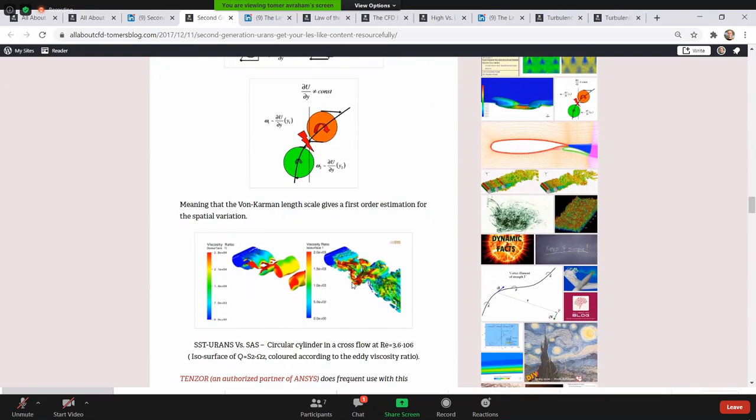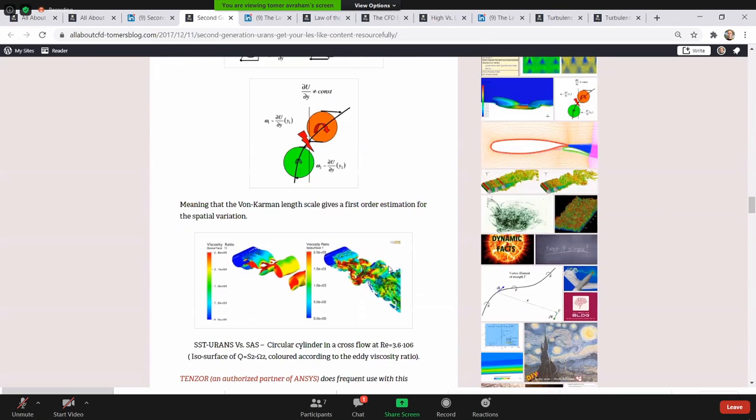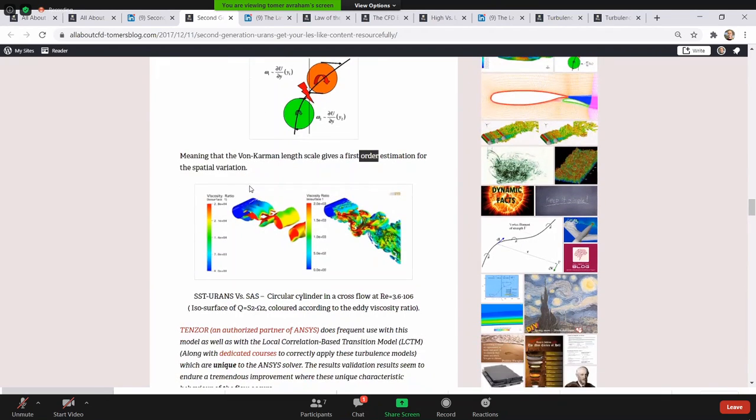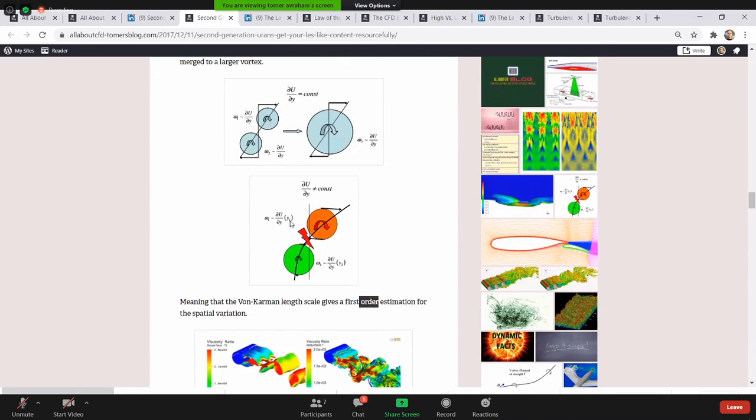You see it here, so it was offered as a way to use for the transfer from RANS to LES in hybrid simulations. To tell you the truth, I think this method is questionable.